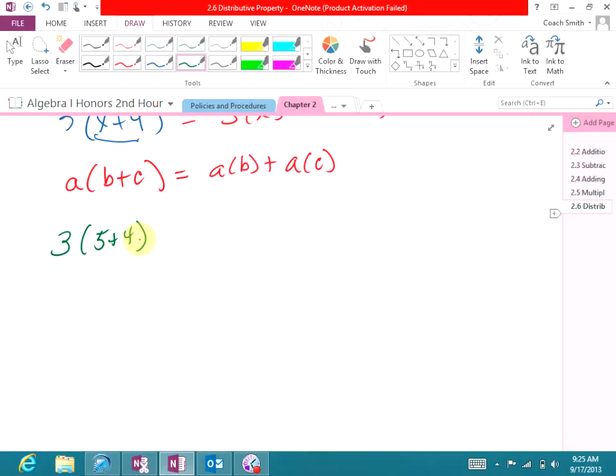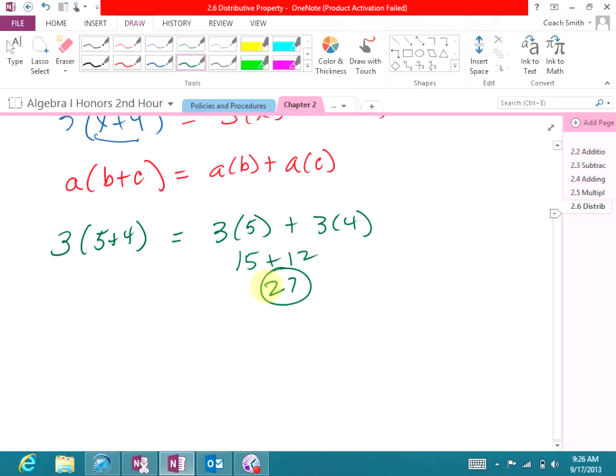Because you're going to have to multiply it by things you can't put together. And what we did last year is we did this. And then we worked it out. We said 3 times 5 is 15, plus 3 times 4, which is 12, which is 27.